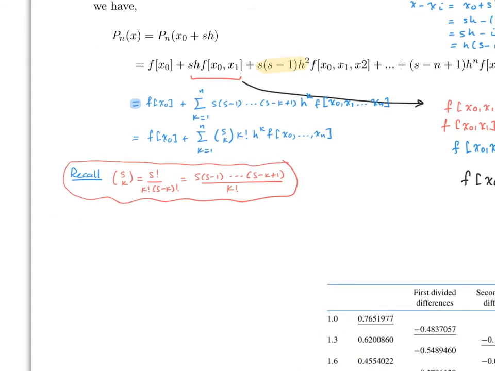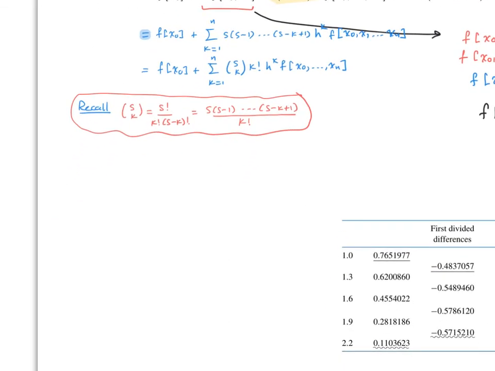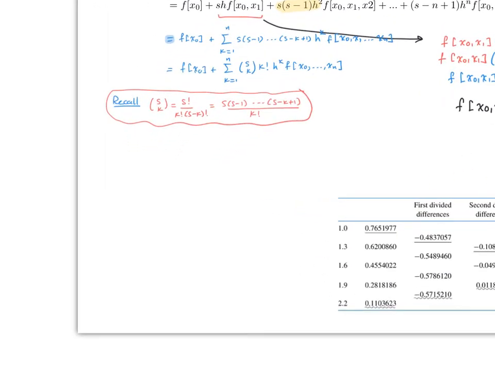All right, so let's see how this works in practice. Let's say that you want to find f of 1.1, which is going to be approximately equal to p4 of 1.1.